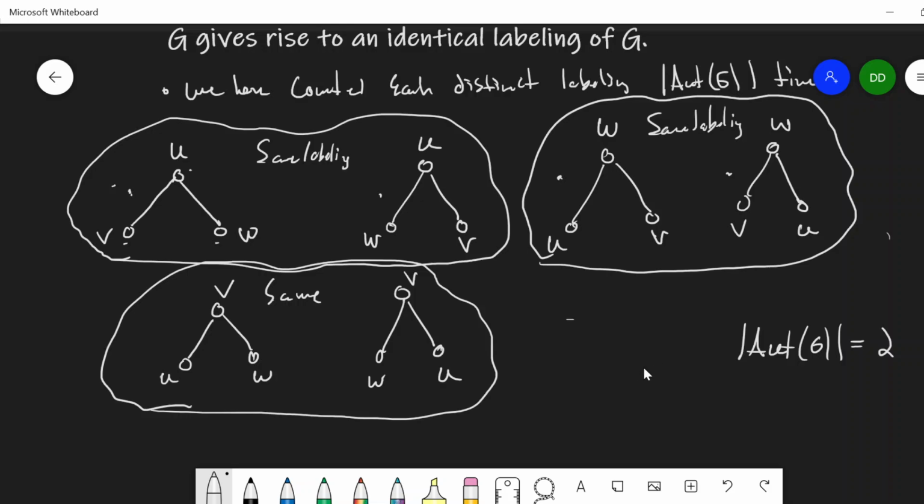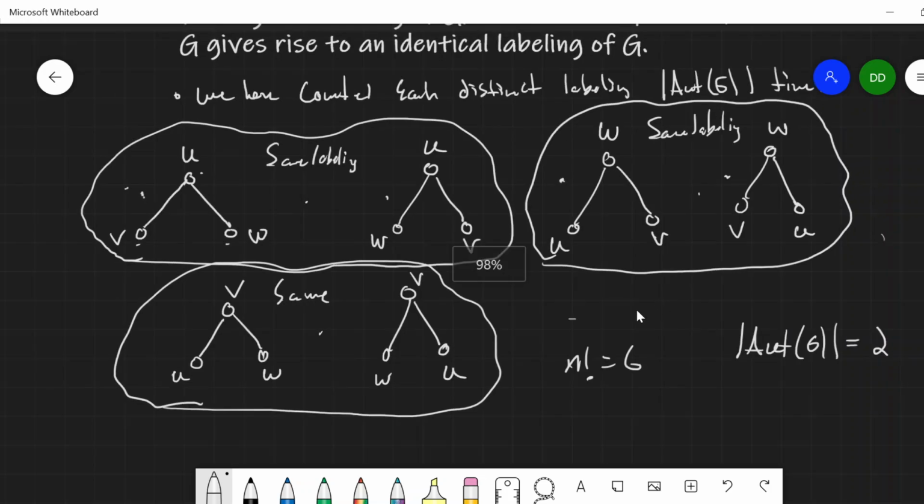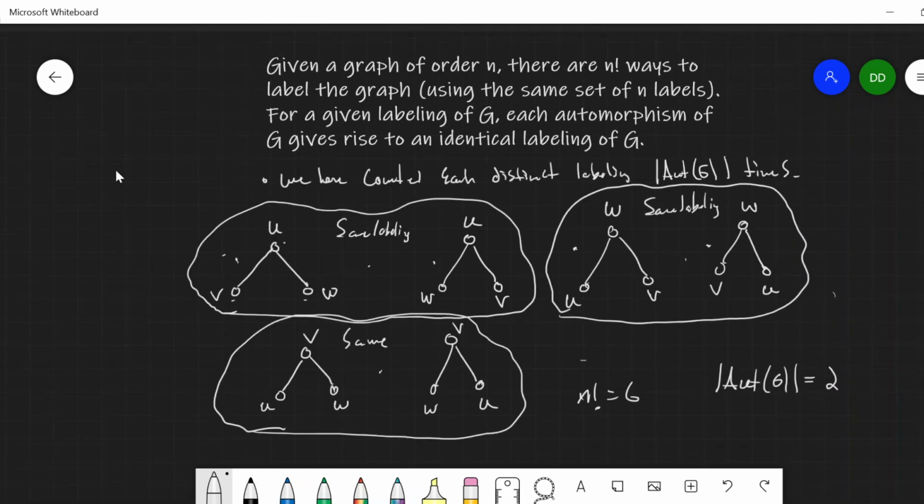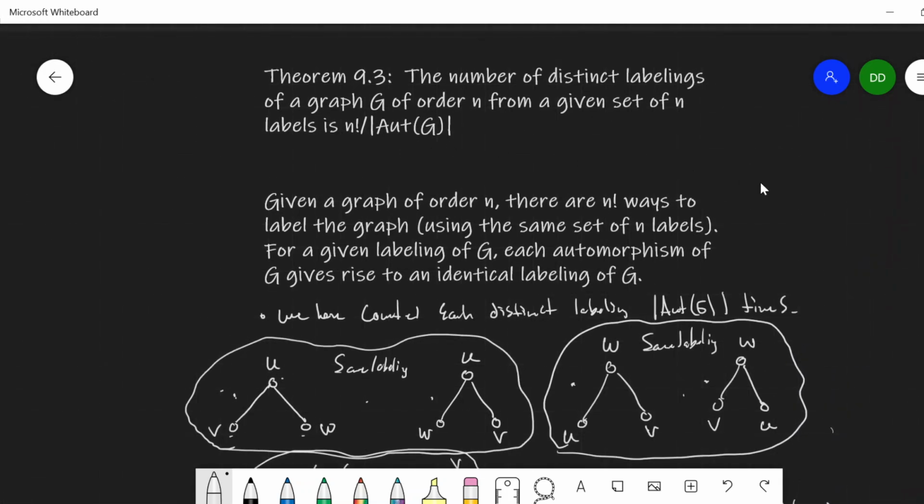And so I have exactly 3 labelings, and n factorial here was 6. Divide that by the order of the automorphism group of G. There were 2 of each kind of labeling. We double counted each labeling by listing all these out. We ended up with exactly 3 distinct labelings. So that's the idea, and in general, it is n factorial over the order of the automorphism group.